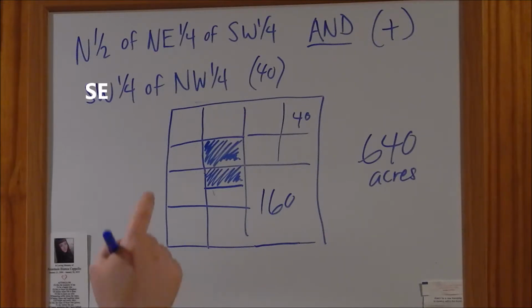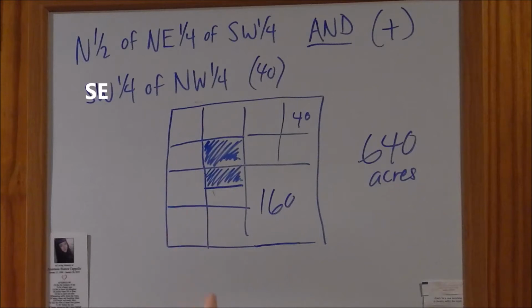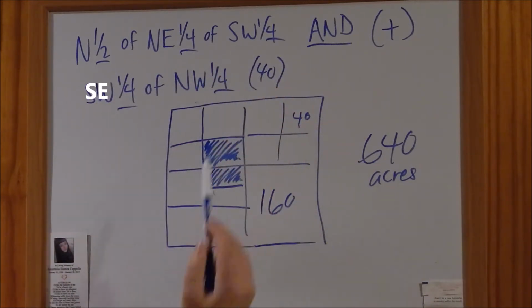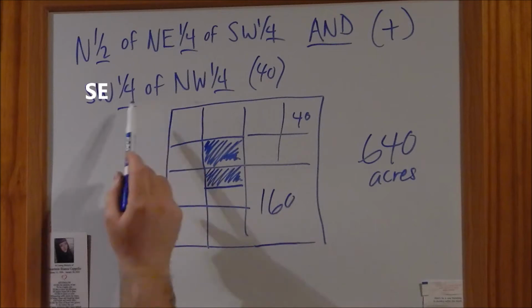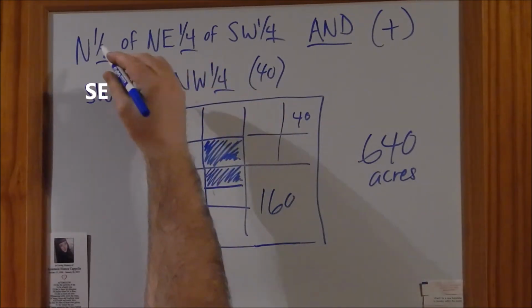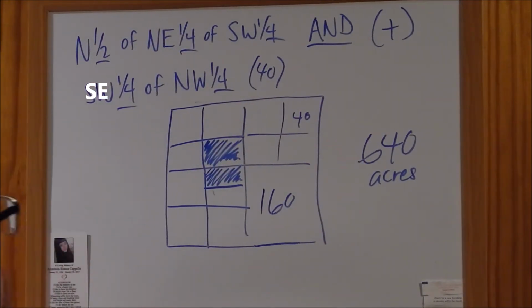Plus this smaller lot here, which is 1/2 of a quarter of a quarter. If 1/4 of a quarter is 40, what's 1/2 of a quarter of a quarter? That would be 20. I'm going to put it up here.